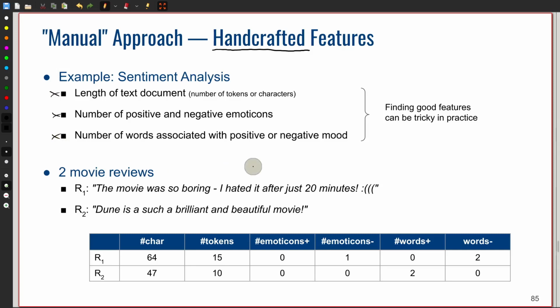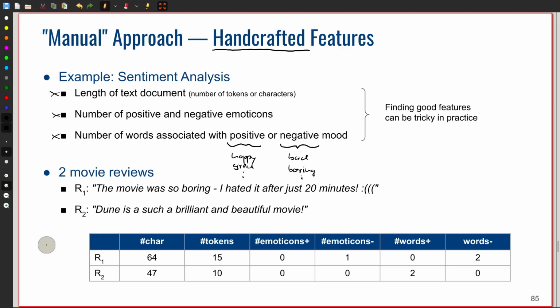So for example, we would know that words like happy, great, are typically more associated with something positive, and something negative might be bad, boring, and so on. So we have to decide which kind of feature we want to extract, and then after we have decided, we can apply this on our text documents.